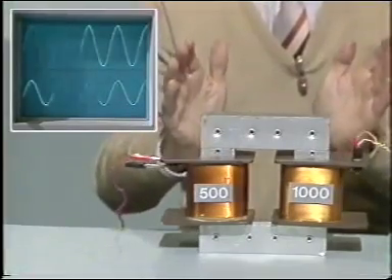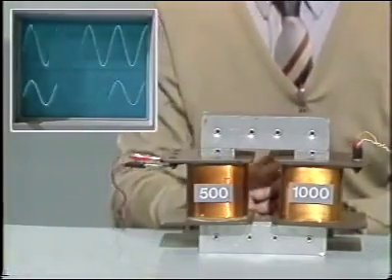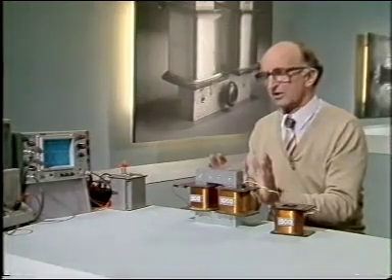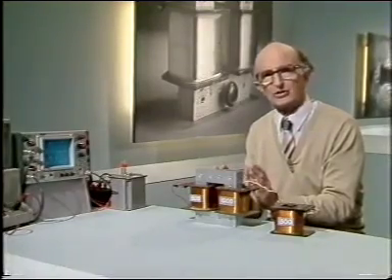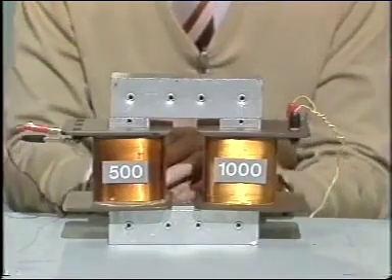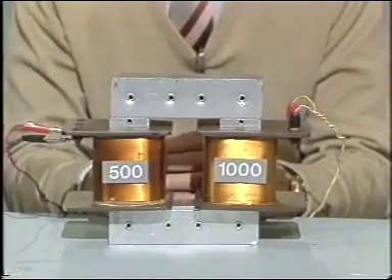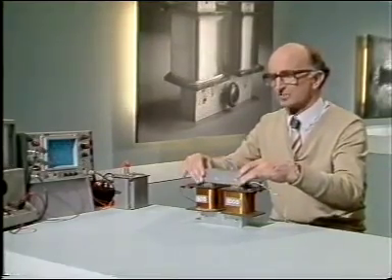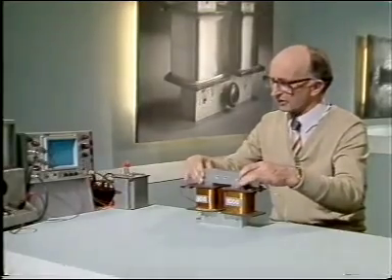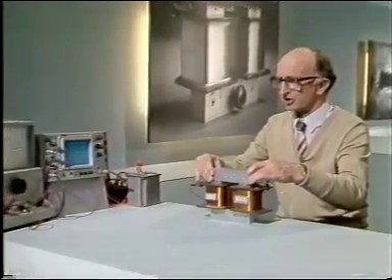So the main message I'm trying to get over at the moment is that to get a good transformer, you must have a very good magnetic circuit. Otherwise, flux will be lost. The flux generated by the primary won't reach the secondary. Now, breaking the magnetic circuit, as I'm doing here, doesn't just affect the output voltage, as you can see on the oscilloscope screen.